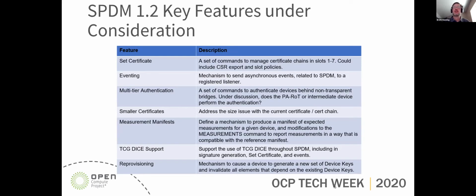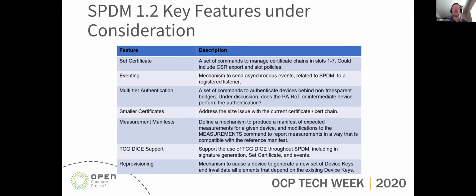DMTF is also looking at eventing, and really there are situations coming where it makes sense to tell a listener, like a PA root of trust, that something has happened, and this could be an endpoint has reset or firmware has been updated. That's the type of thing that's under consideration for eventing.